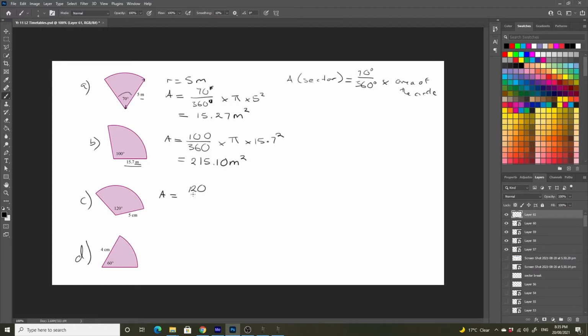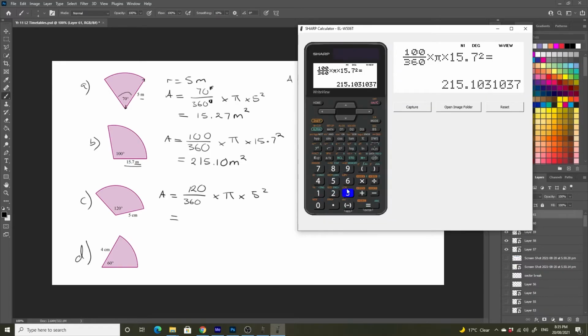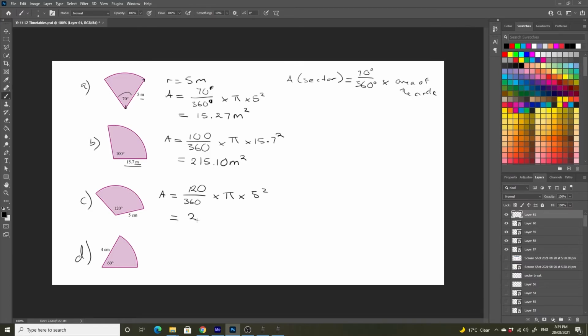So 120 degrees divided by 360, which is also just a third, times pi times 5 squared, or 25, which is going to be equal to 120 over 360 times pi times 5 squared, and that is equal to 26.179, round up to 26.18. Check the units, it's centimeters, so this is centimeters squared.